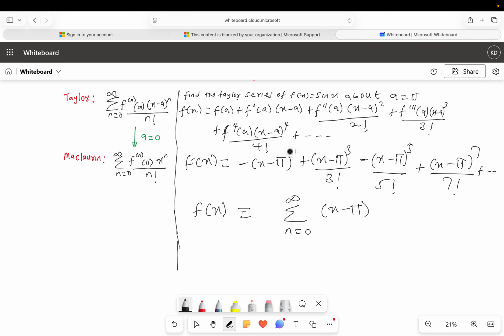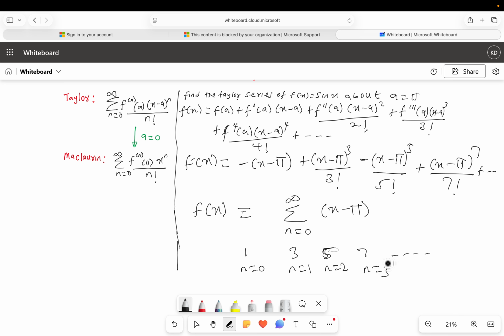For the powers, starting from 1, I have 1, 3, 5, 7. So that is how it keeps on moving. And I start my numbering from n is equal to 0. The first term will correspond to n is equal to 0, the second one to n is 1, n is 2, and n is 3.